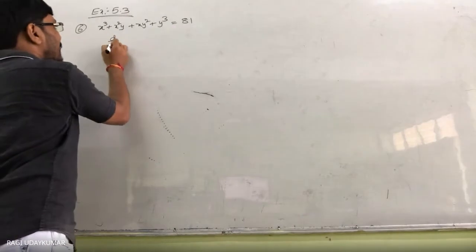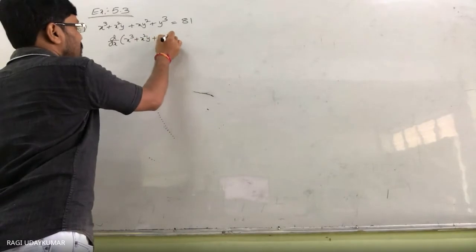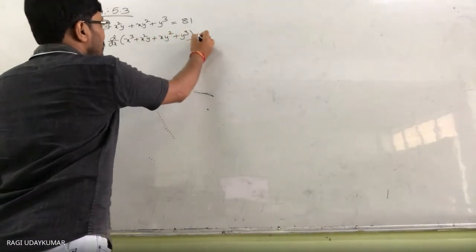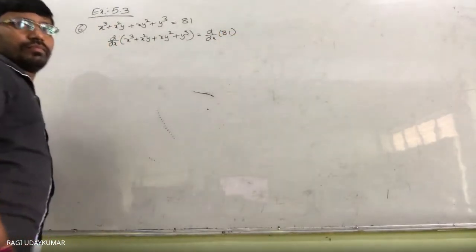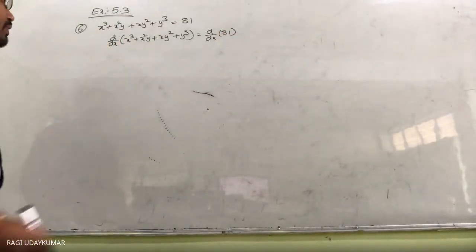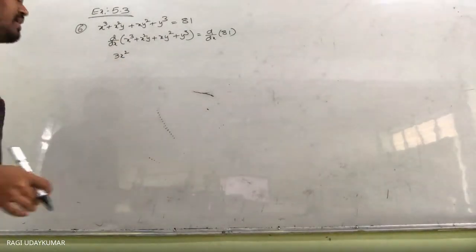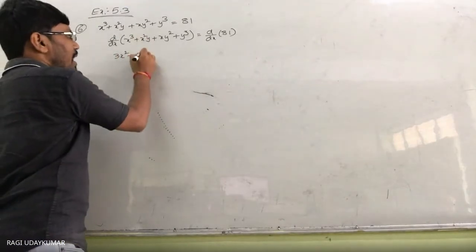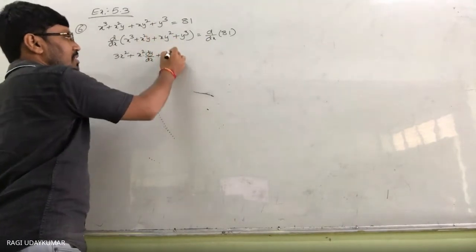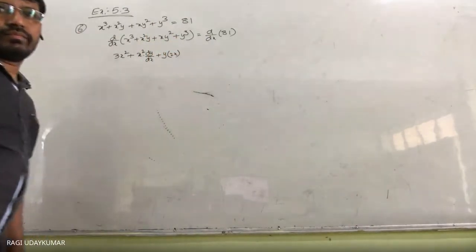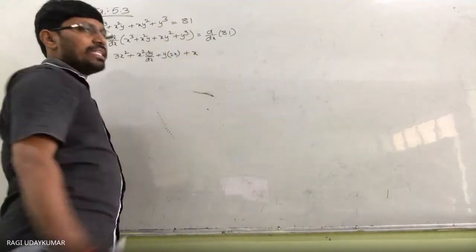So what do you get here? d by dx of x cube plus x square y plus xy square plus y cube is equal to d by dx of 81. Now what do you get here? x cube derivative is 3x square. I am not writing individually, directly writing, plus x square into dy by dx, UV method, plus y into derivative of x square, that is 2x, plus x into derivative of y square.